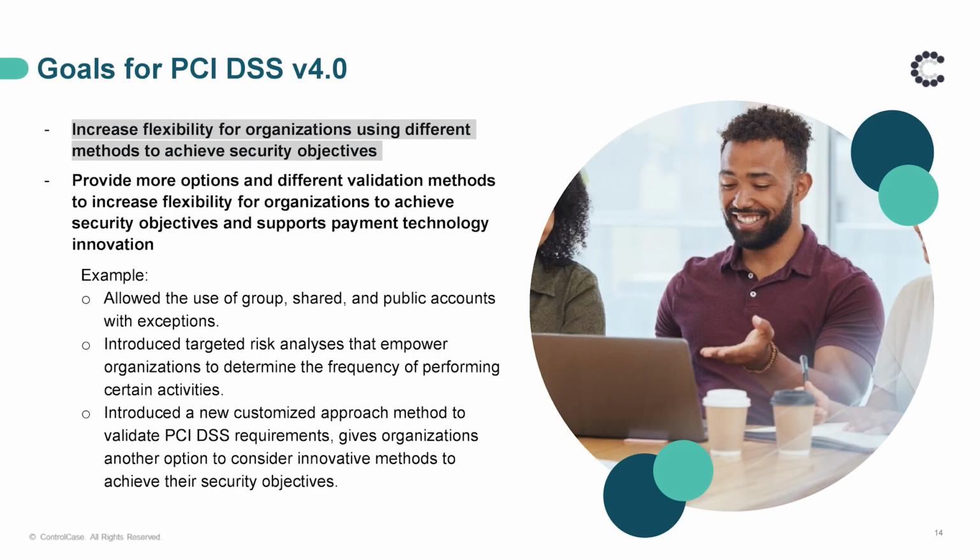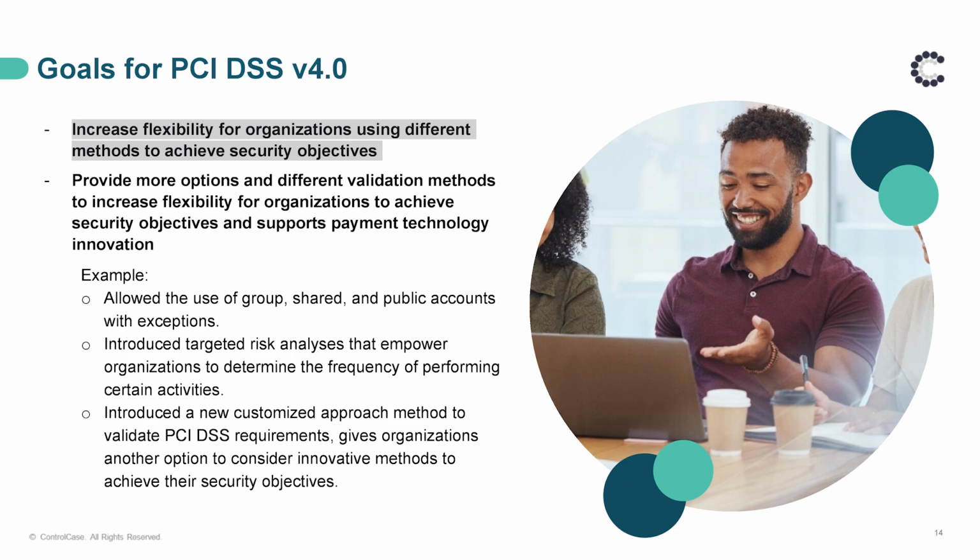The third goal is to increase flexibility for organizations using different methods to achieve security objectives. So providing more options and different validation methods to increase flexibility for organizations to achieve security objectives and support payment technology innovation. A few examples under this goal: they allowed the use of group, shared and public accounts with exceptions.